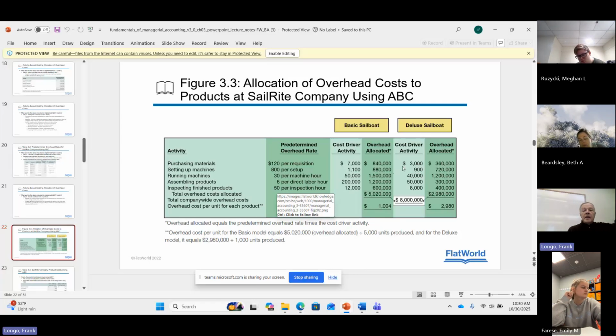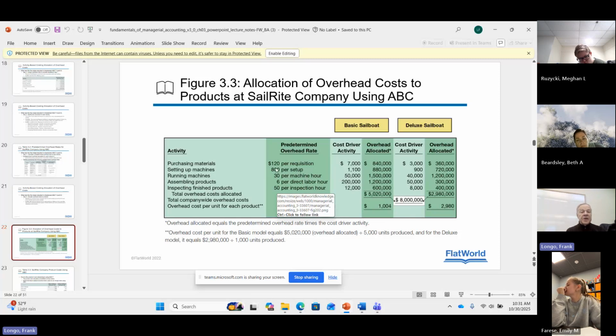We do the same thing for the deluxe sailboat. The predetermined overhead rate is $120 per requisition. But the cost driver activity is 3,000 for the deluxe sailboat. When we multiply that out, $120 times 3,000, we get $360,000.